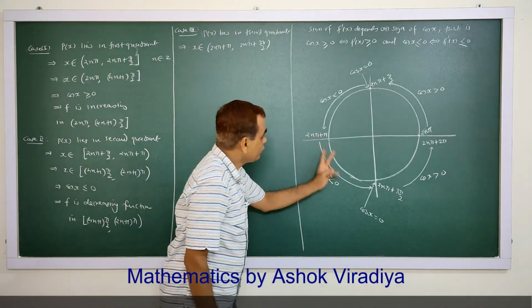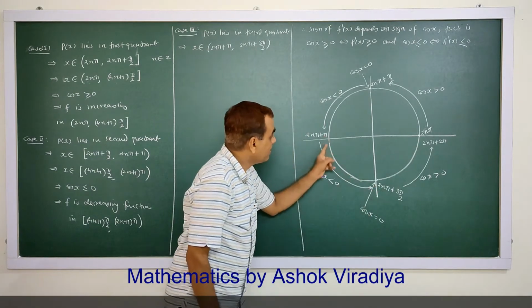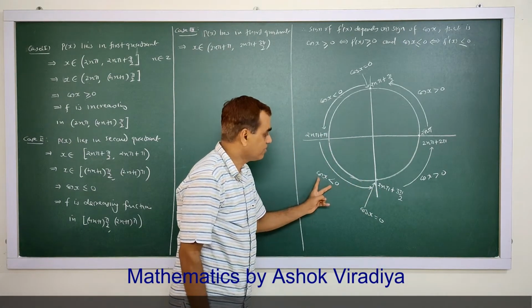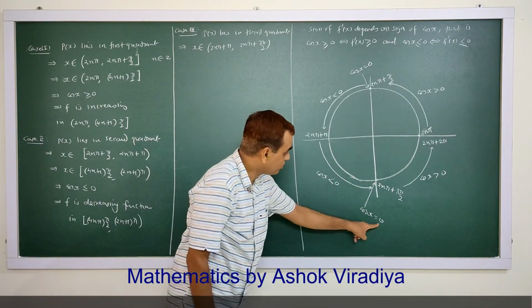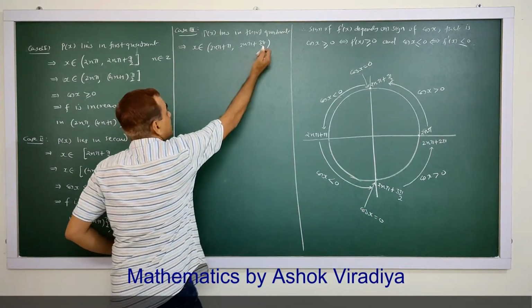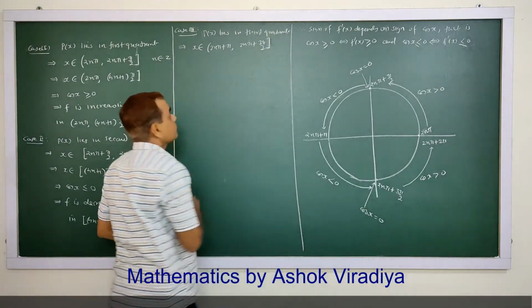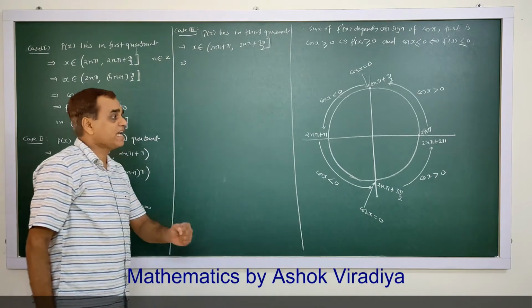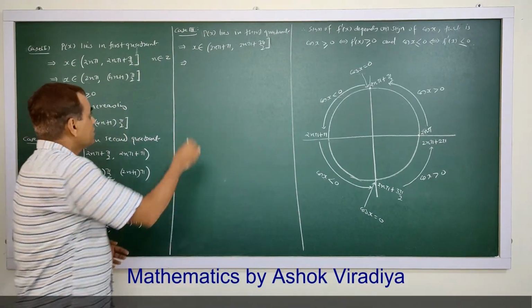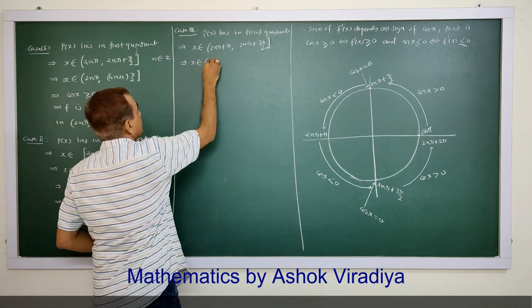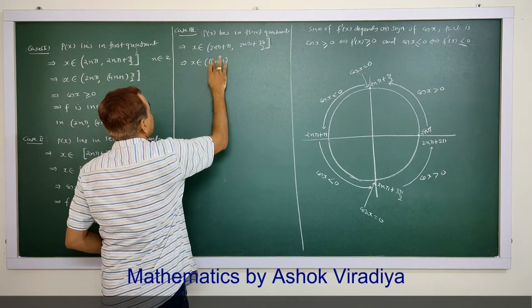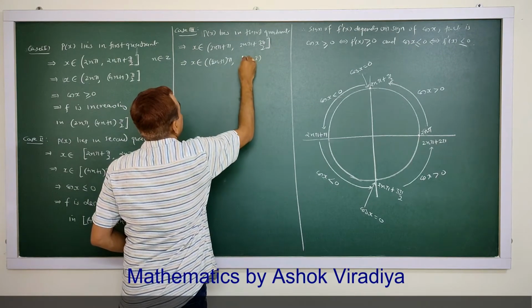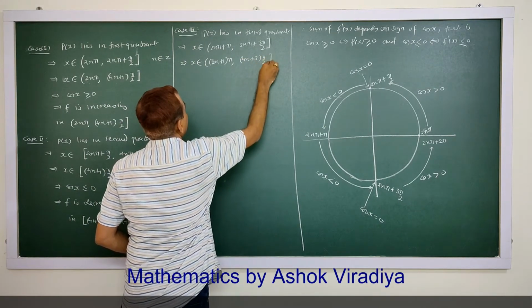2n pi plus pi to 2n pi plus 3 pi by 2. This interval covers the third quadrant, where cos x is negative, and at the end point cos x equals 0. So if I include this point and keep the interval closed, then in this interval cos x is less than or equal to 0. So x belongs to [(2n plus 1) times pi, (4n plus 3) times pi by 2].